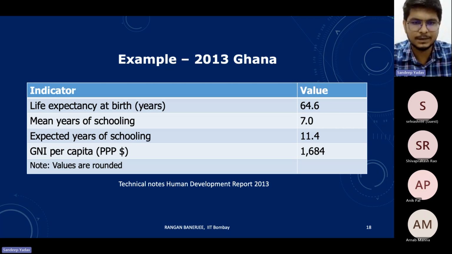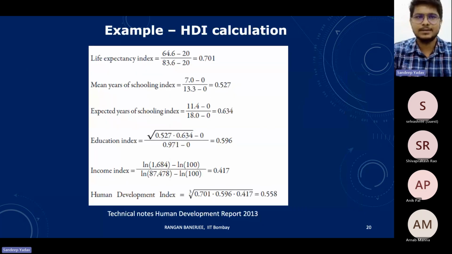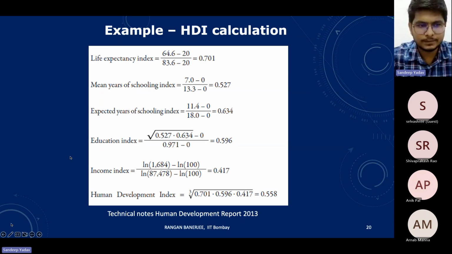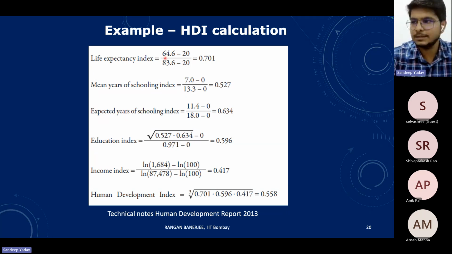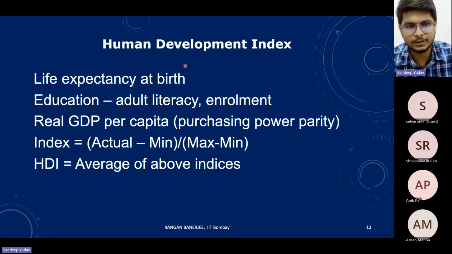So an example is taken for Ghana, and after that, these are examples that solve how we can calculate life expectancy. If you see here, that is the minimum. Just a minute. The index is the actual minus minimum, over the maximum minus minimum. This is the standard formula for calculating any index.